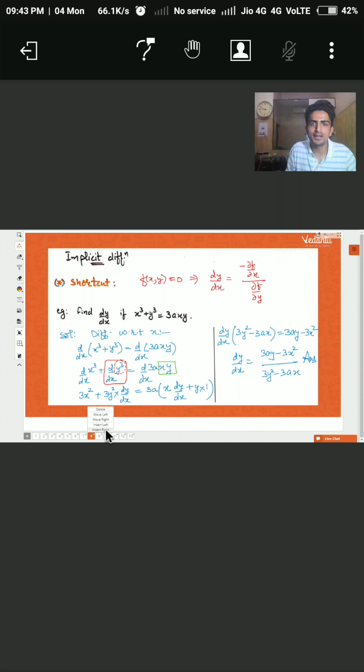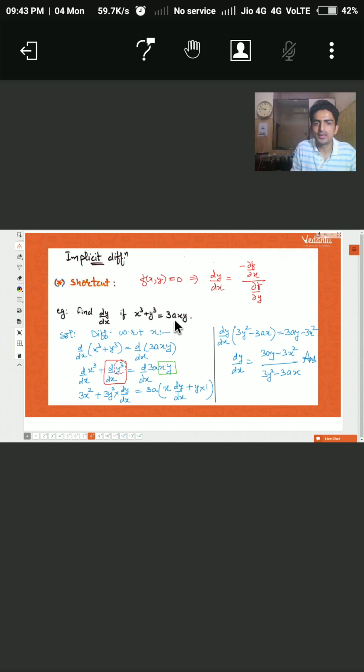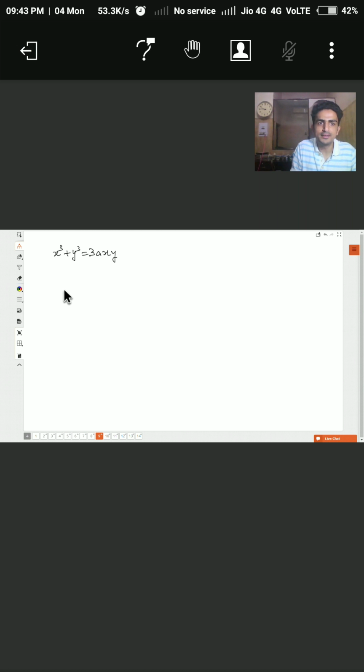Let us do this example again. x cube plus y cube equal to 3axy. And we want to find the derivative. First of all, write everything on one side like that. Now this is your f.